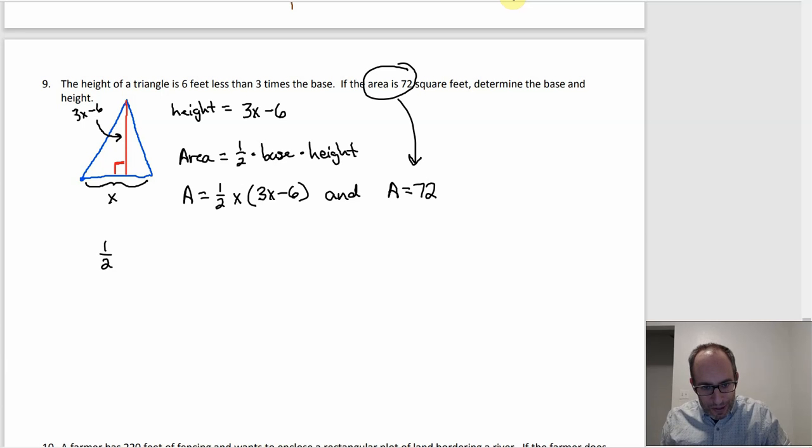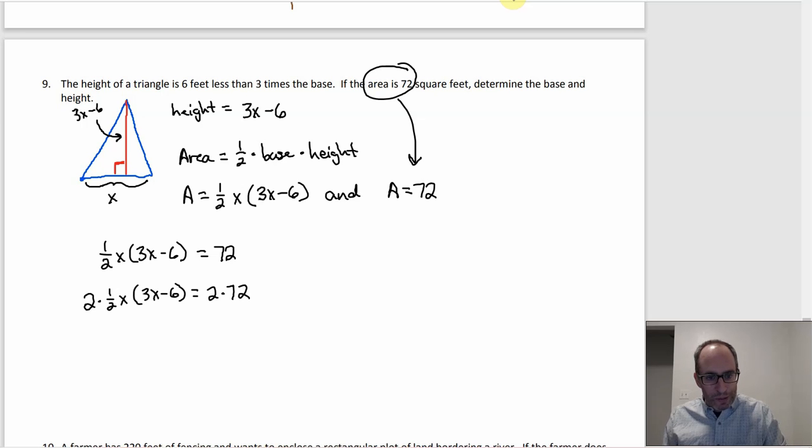So we'd have 1/2 x times 3x minus 6 is equal to 72. First things first, that has a fraction in it. We can clear that fraction, multiply both sides by 2. So 2 times 1/2 x times 3x minus 6 equals 2 times 72.